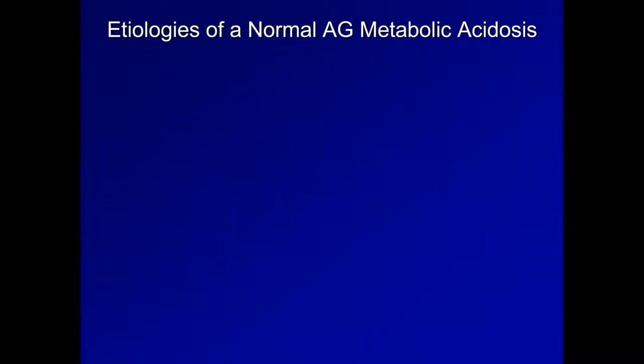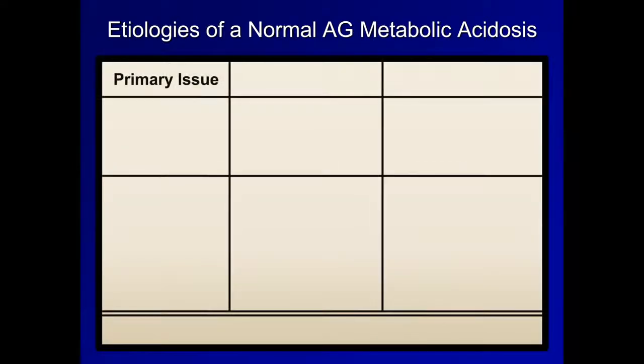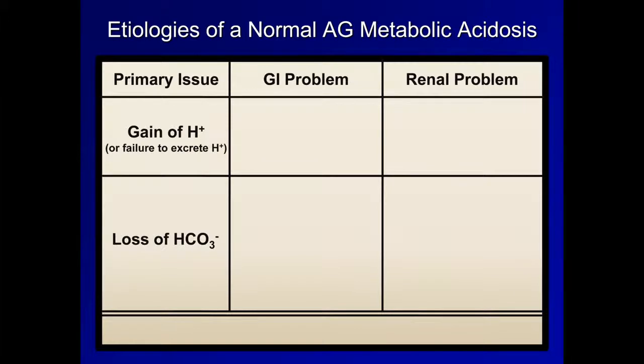As we will see again with the metabolic alkaloses, there are 2 major ways to categorize the etiologies of a normal gap acidosis. For the first way, we consider whether the primary problem is located in the GI tract or the kidneys, and whether that primary problem is a gain of hydrogen ions or a loss of bicarbonate.